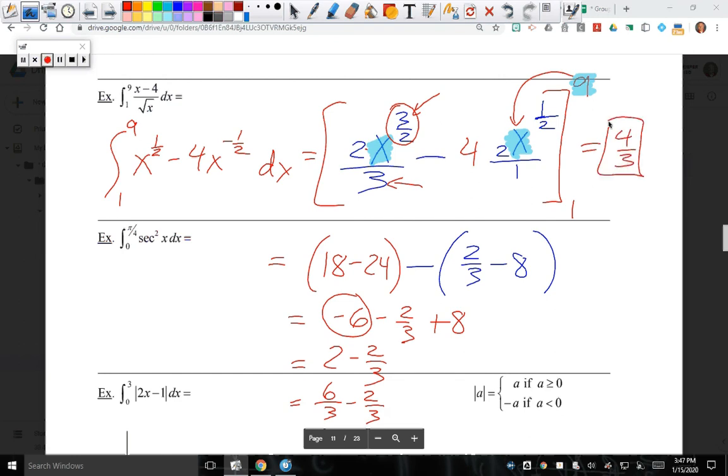Is this 4/3 units squared? Just units. It's not even just units, because right now we don't know if it's units. Isn't that area bounded, though? Here's the thing. If you see these two words, then it will be units squared.